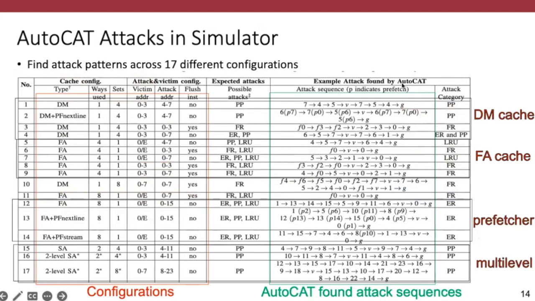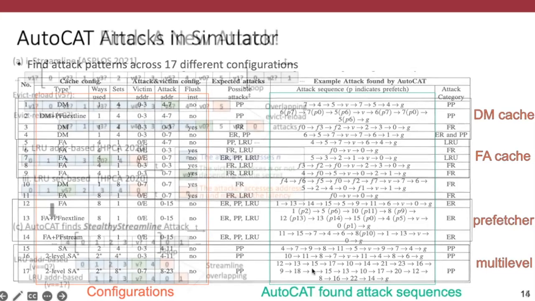We also manually analyze the sequences, and the last column is the attack category. We find that most of the attacks found match our prior knowledge of known attacks, and also the agent can find non-trivial sequences.